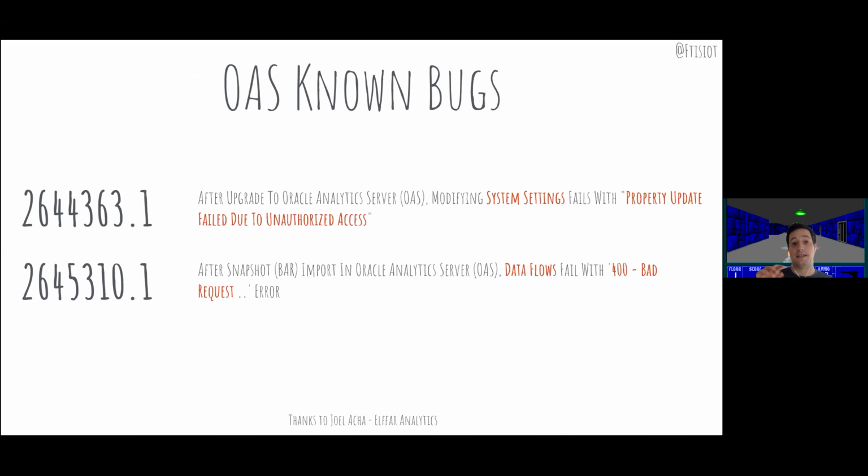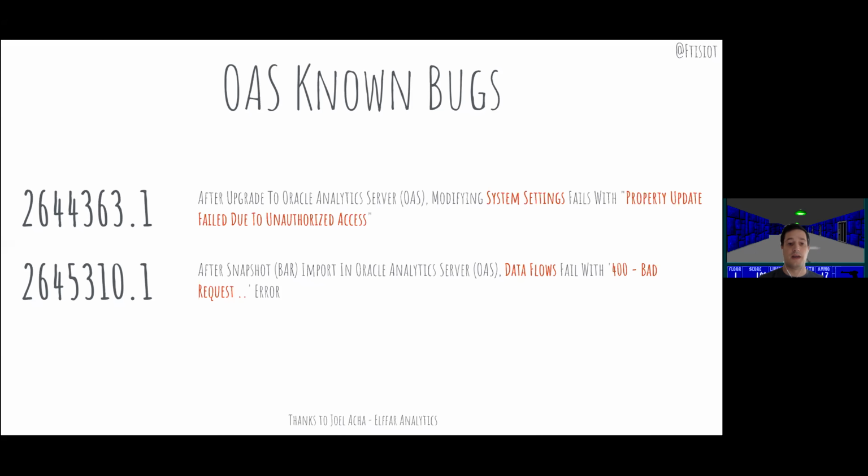There are already some OAS known bugs. I'm listing 2 of them that were mentioned by Joel Hatcher, a friend. For example, the first one is when you move to OAS, then you try to change some system settings, it will throw an error that the property update failed for the user not being authorized.